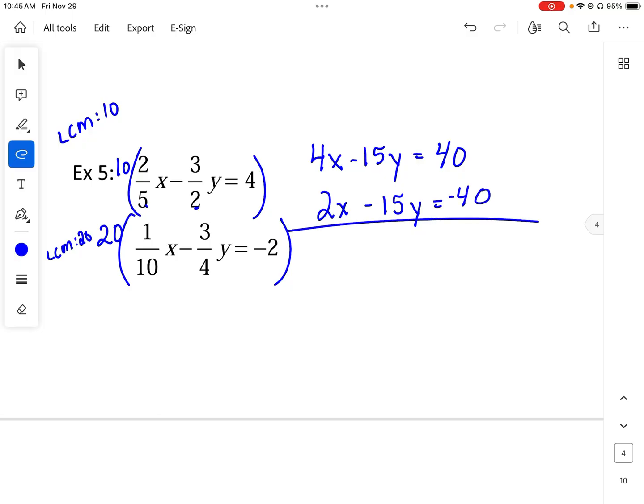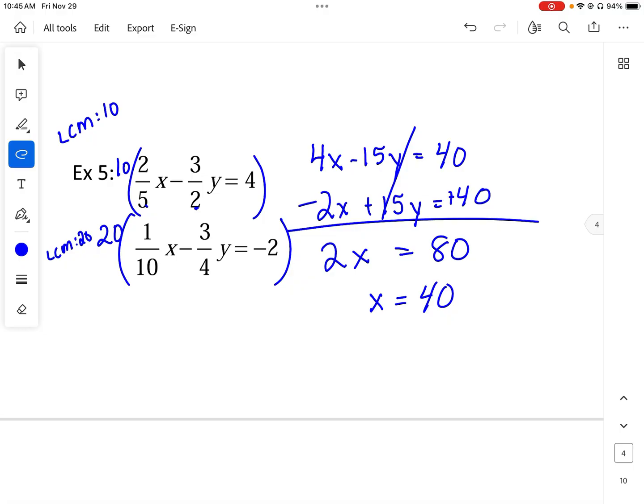All right, we're going to add these up. We get 6x. Oh no, we can't do that yet. We need to change the sign. So I'm going to multiply everything by -1. So whenever I do that, I'm going to change all the signs. There we go. So I just multiplied by -1. So now I get 2x. 0 equals 80. Divide by 2, x equals 40.